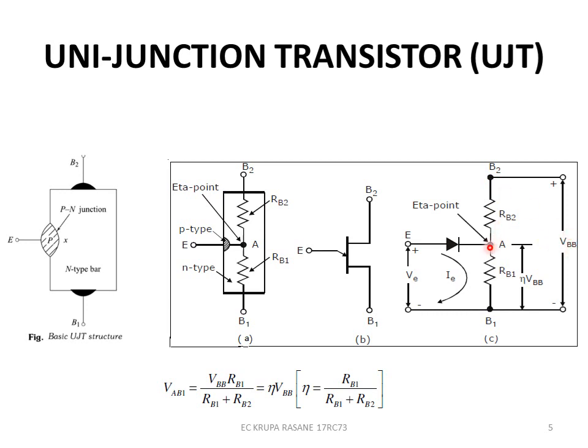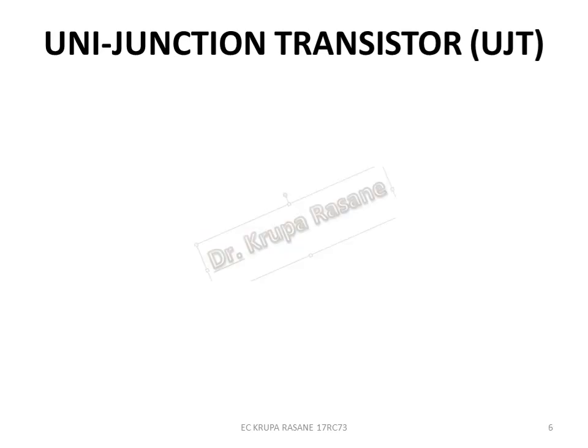The voltage across RB1 is VAB1, which is equal to VBB into RB1 upon the total resistance RB1 plus RB2. This can be further represented as eta times VBB. So what is eta? Eta is RB1 upon RB1 plus RB2. So this is in brief your unijunction transistor, UJT.